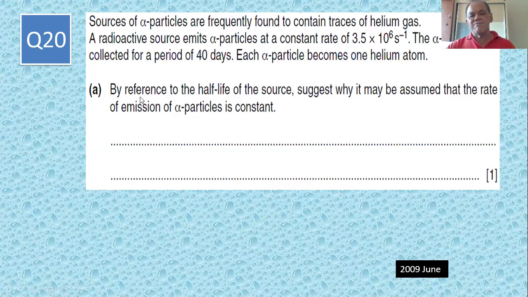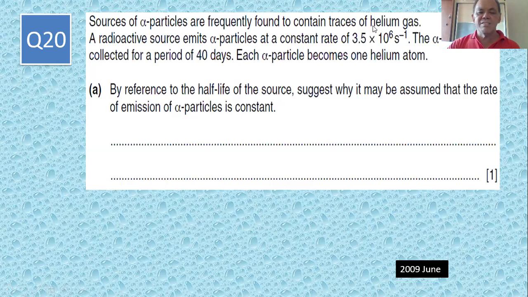By reference to the half-life of the source, suggest why it may be assumed that the rate of emission of alpha particles is constant. As always the case, this is a long half-life. Our timing usually is very short. Since this is a large activity, usually we don't need so long. 1 minute will be sufficient.